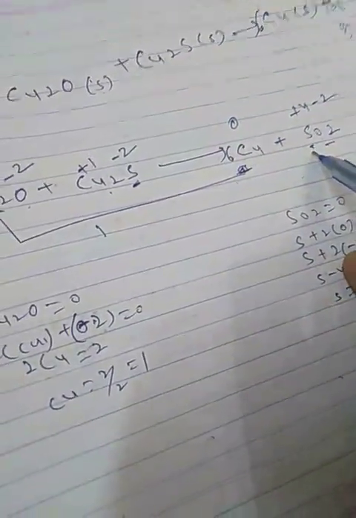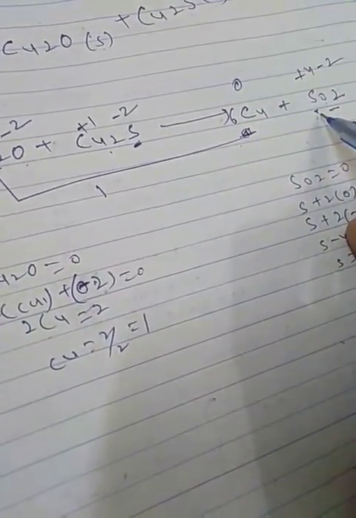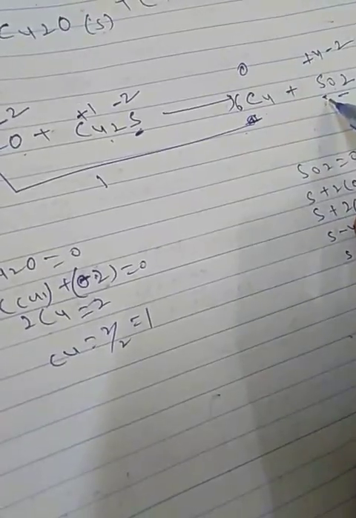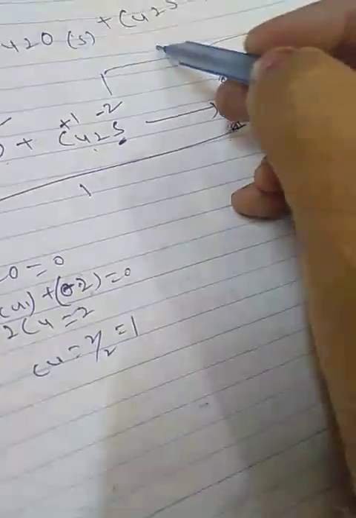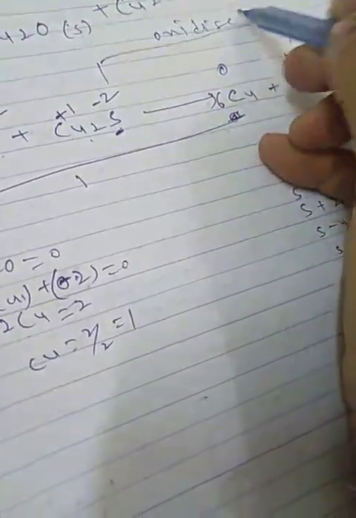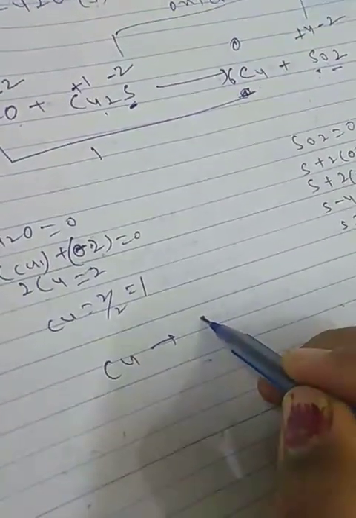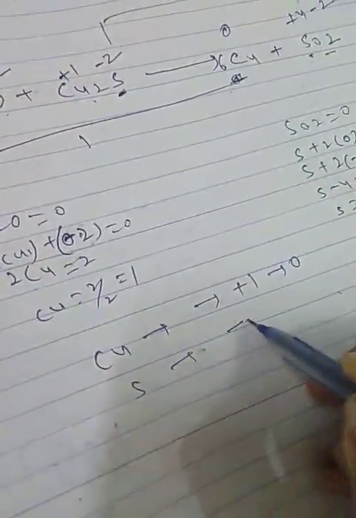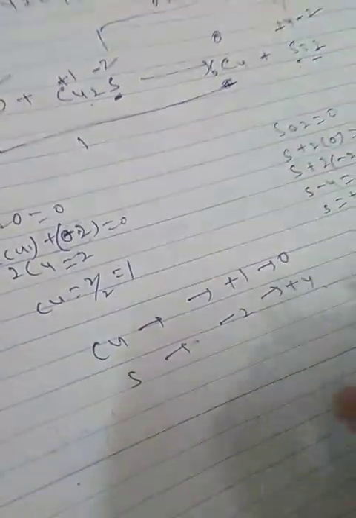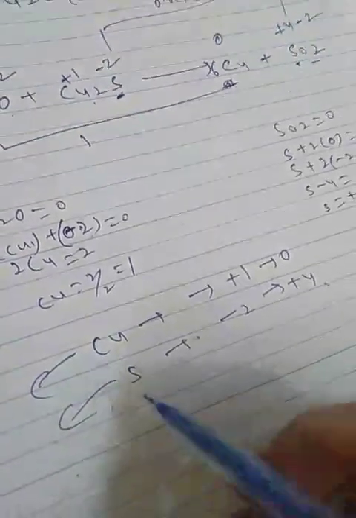And sulfur is oxidized: sulfur goes from minus 2 to plus 4, so sulfur is oxidized. You can write copper from plus 1 to 0 and sulfur from minus 2 to plus 4, so oxidized and reduced. The above reaction is thus a redox reaction.